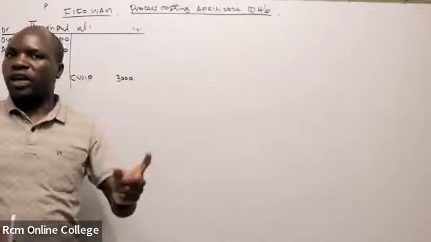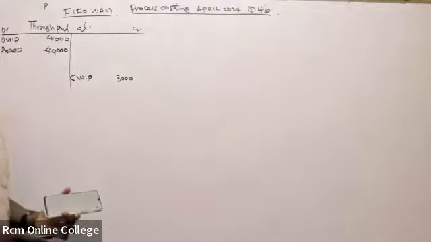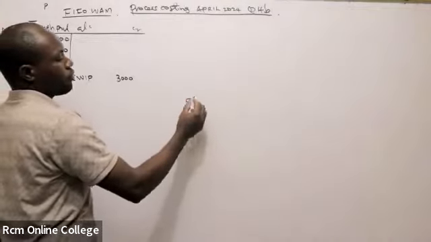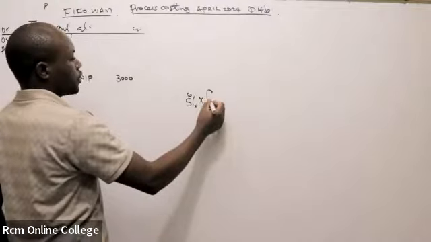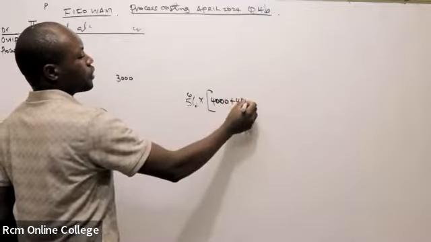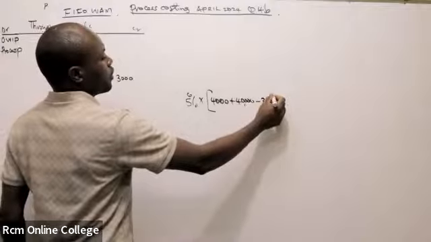That is without work in progress. With work in progress, we expect the 5% normal loss to be of opening work in progress of 4,000 plus input of 40,000 minus closing work in progress of 3,000.